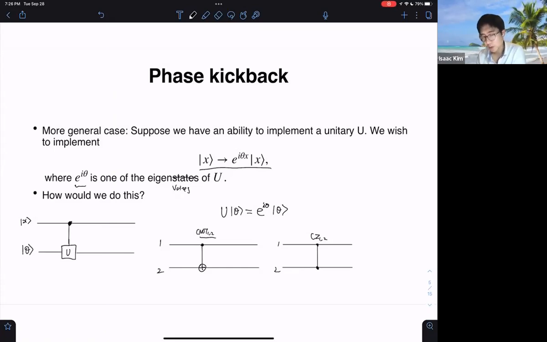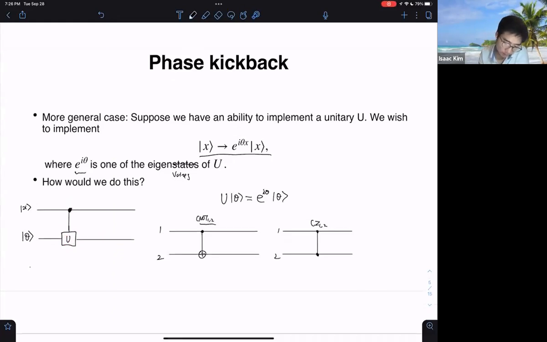And here, if the qubit 1 is in the 0 state, you do nothing. If the qubit 1 is in the 1 state, then you apply the phase operation. Similarly, here, if x is 0, then you do nothing. If x is 1, then you apply a unitary U. So obviously, if we just consider all cases, |0>|theta> becomes |0>|theta> because you're not applying anything. |1>|theta> gives |1>|theta> with a global phase.